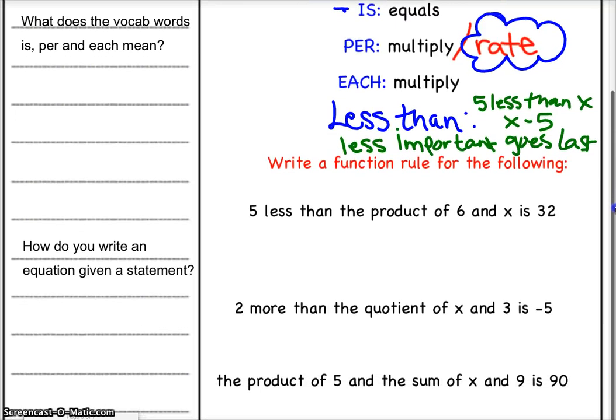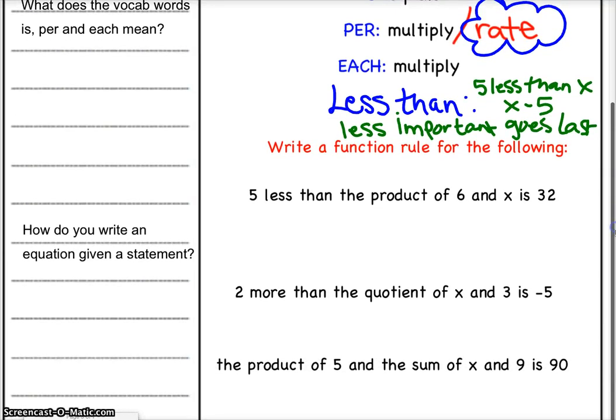Okay, the first grouping of writing a function rule is aligned with our first day's lesson from the first week of school. Just given a word phrase, make an equation. So 5 less than, that means it's less important, it should go second. 5 less than the product of 6 and x.